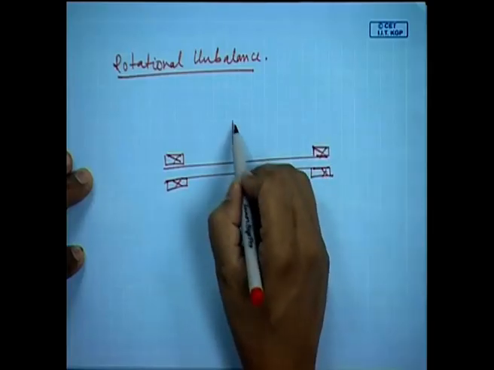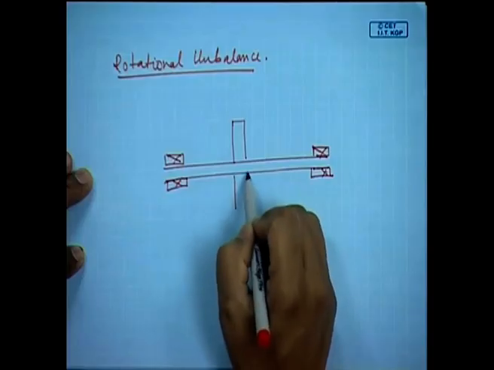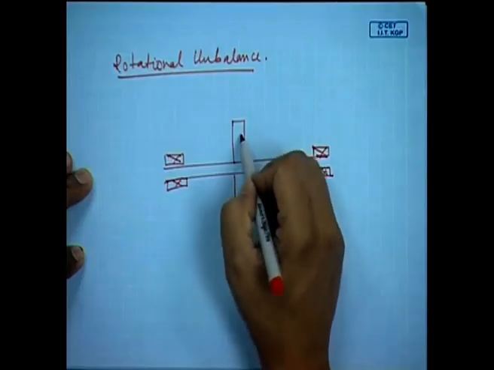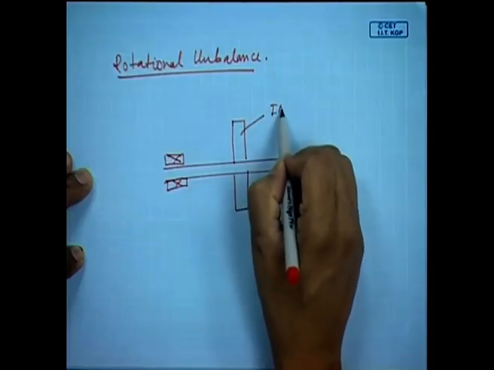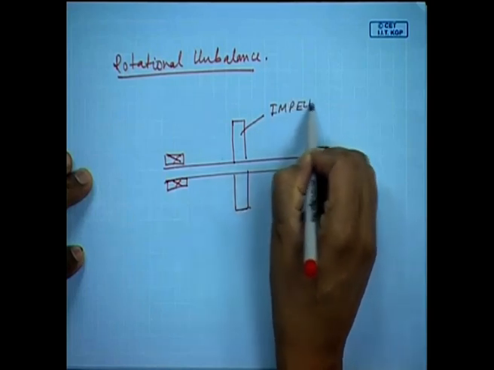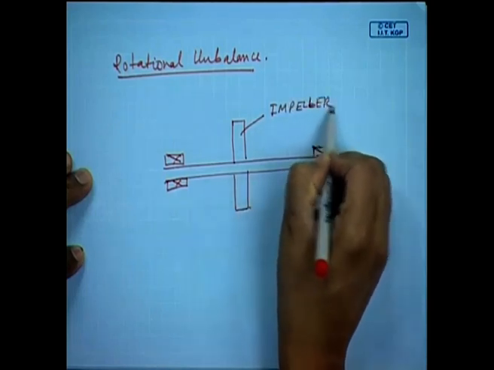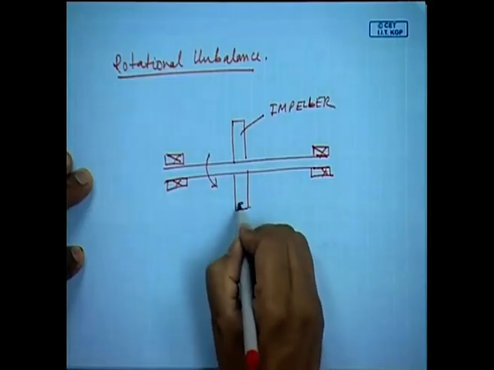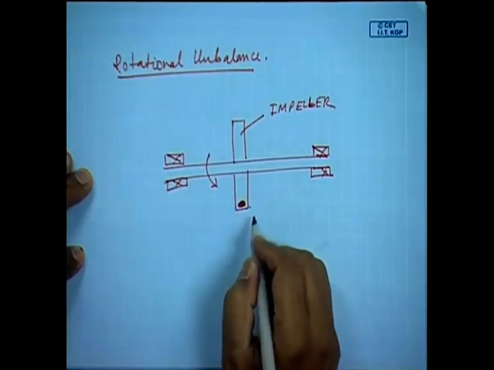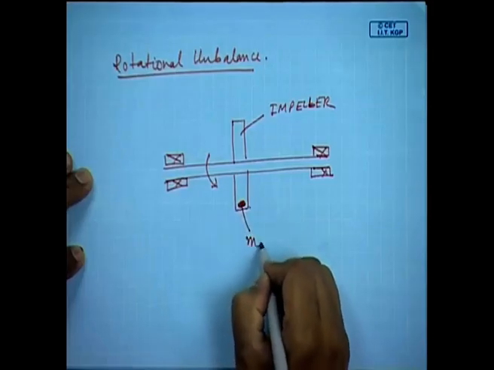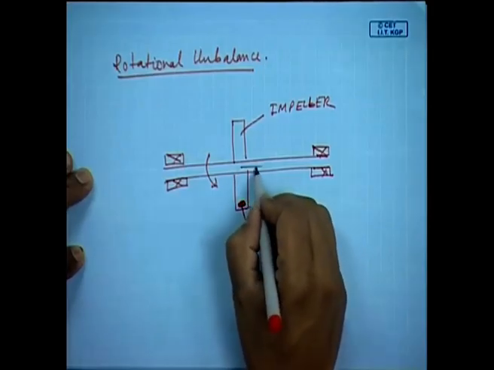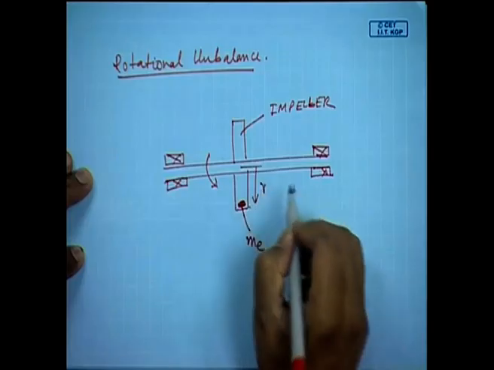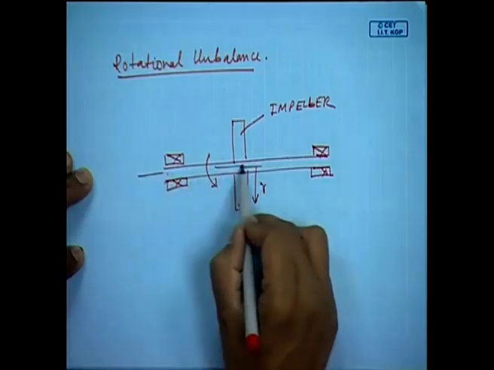Suppose it carries a set of blades, like in an impeller, and this undergoes rotation. Imagine in this impeller there is an unbalanced mass m or me. This unbalance is at a radius r from the axis of rotation of the shaft.